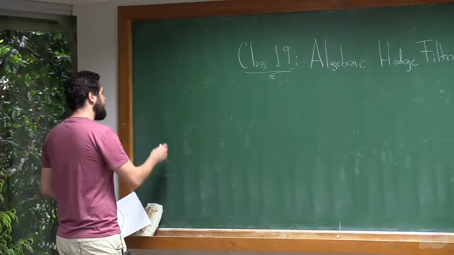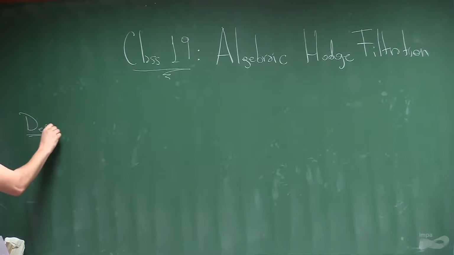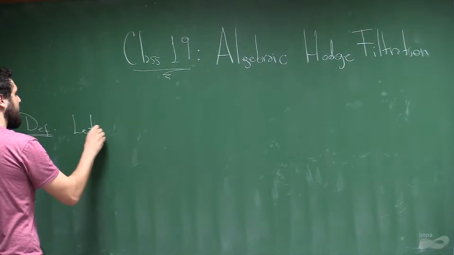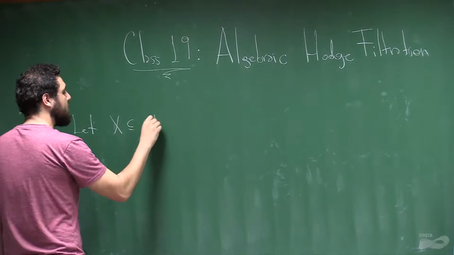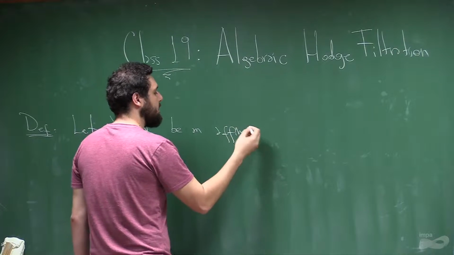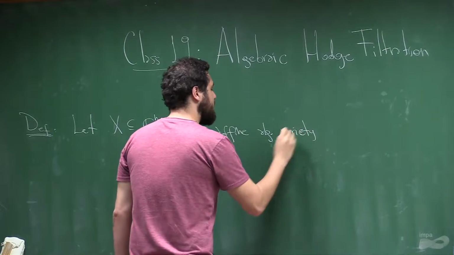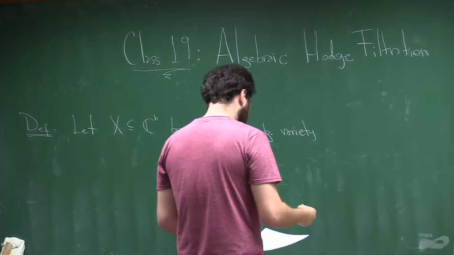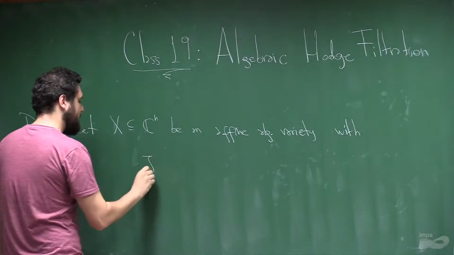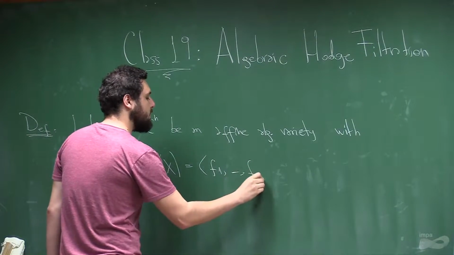So, well, first of all, we'll recall what is an algebraic differential form. So let X in C^n be an affine algebraic variety, with the ideal finitely generated by functions f1 up to fm.